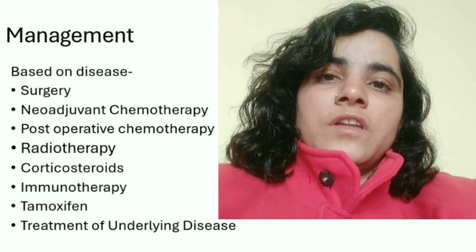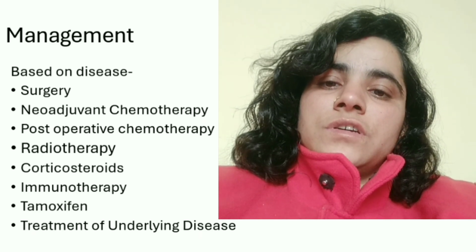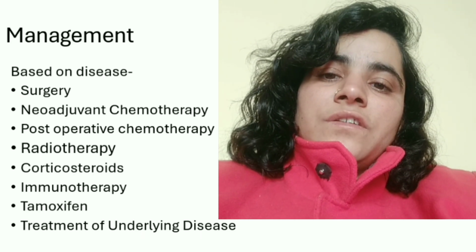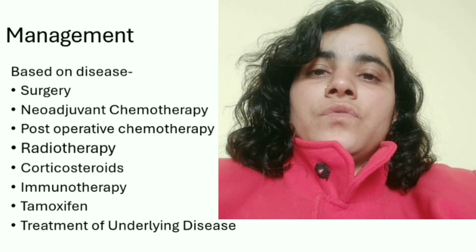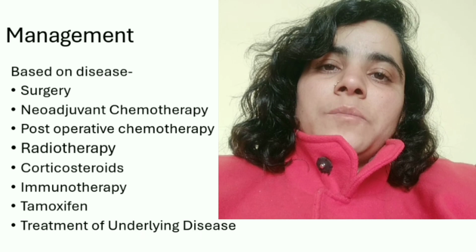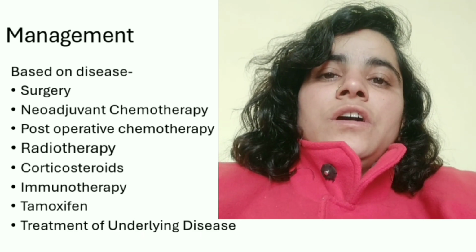Benign mass or tumor, if we encounter, can directly be taken for surgery, or in case we encounter the malignant disease, neoadjuvant chemotherapy may be required for downgrading the tumor, followed by surgery, and the post-op chemotherapy or radiotherapy can be added on.